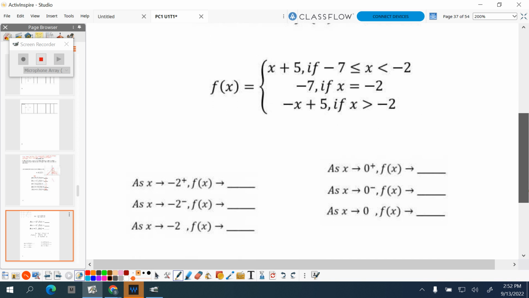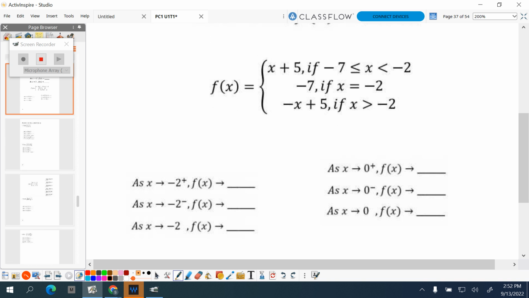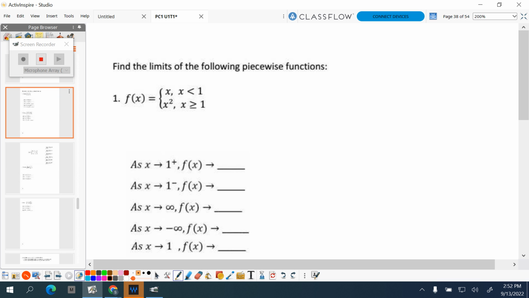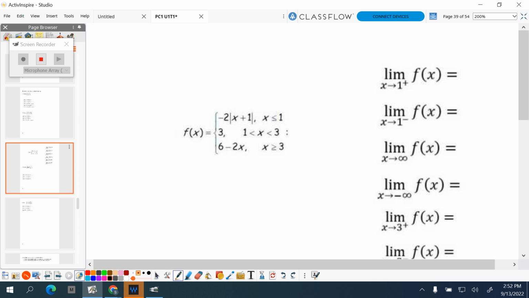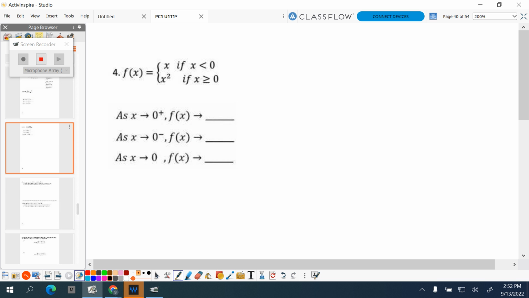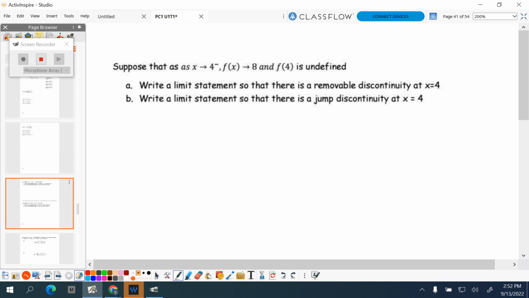So you would do the same thing for f of x equals all of this in terms of this piecewise function. And that's a practice problem, so definitely work on that, guys. Same thing here, this page is practice, and you're done.